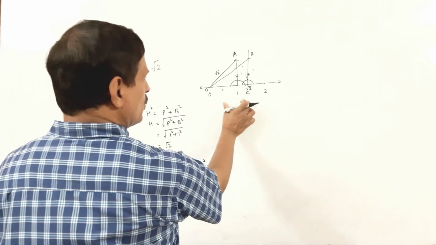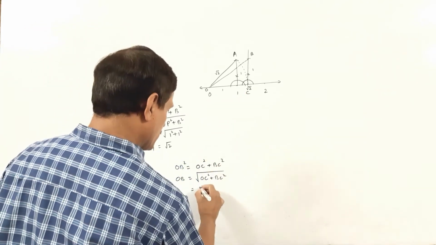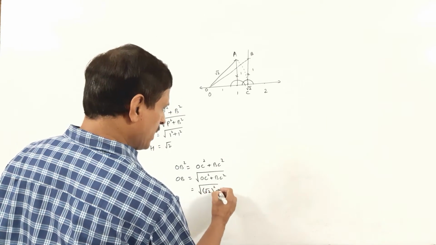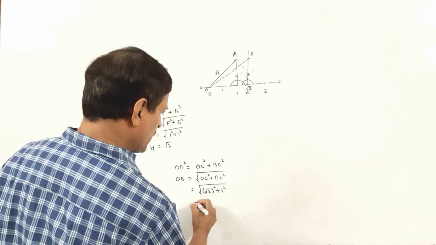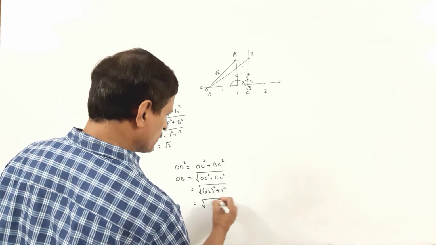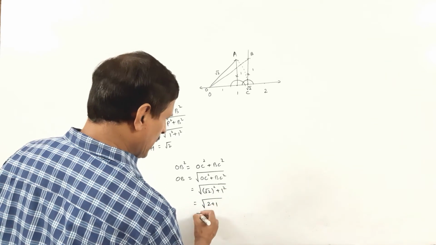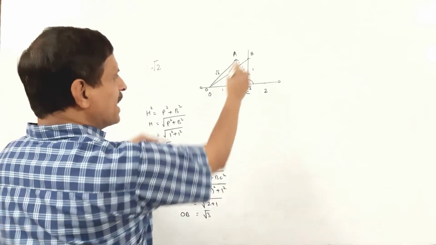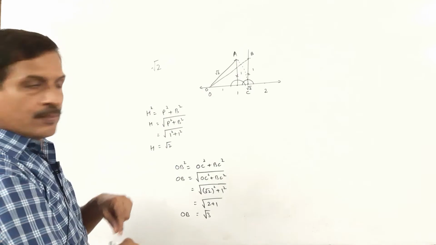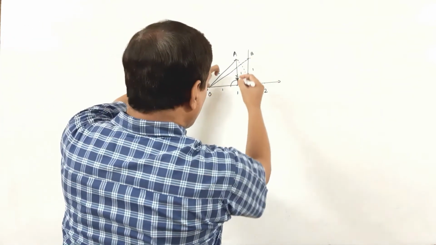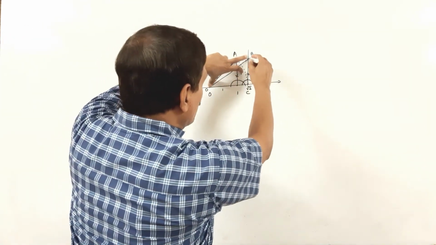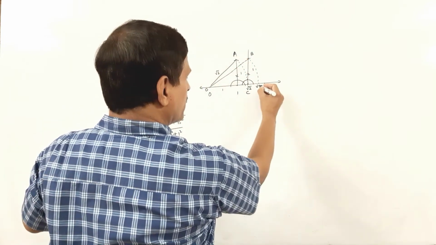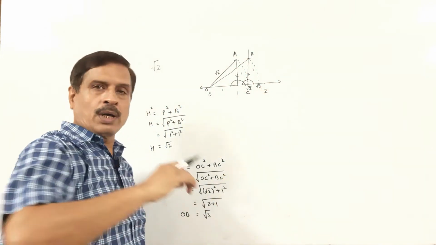OC is equal to root 2 units, root 2 square plus 1 square, and that is equal to 2 plus 1, and that is square root of 3. Therefore OB length is equal to root 3. And now with O as center, radius equal to OB, we cut an arc intersecting the number line, and this point is root 3 on the number line.